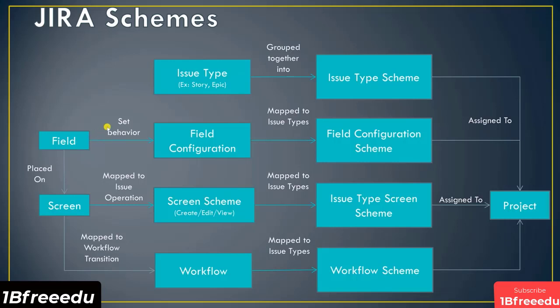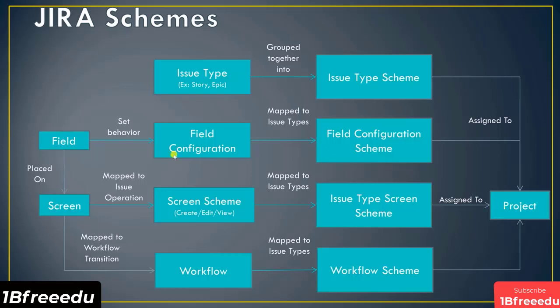You can also set the behavior of the field, things like, is the field mandatory or not, or perhaps it's a hidden field, and this is done in a field configuration. This field configuration is mapped to an issue type through a field configuration scheme, which, being a scheme, means that it gets mapped or assigned to a project.